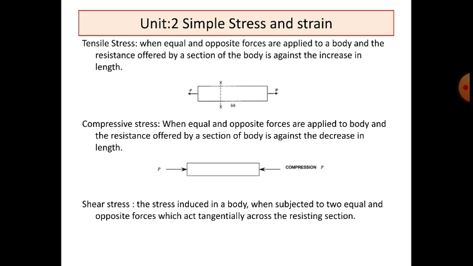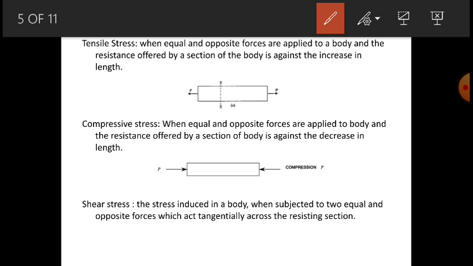In this case, you pull the object from both directions. The forces applied are equal in magnitude on both sides, but they act in opposite directions. It is trying to elongate the body, so it is called tension, because you are trying to put a tension over that object.